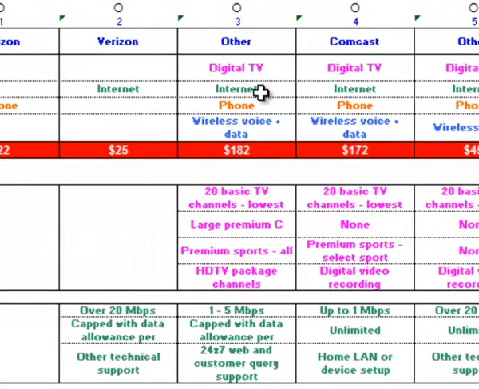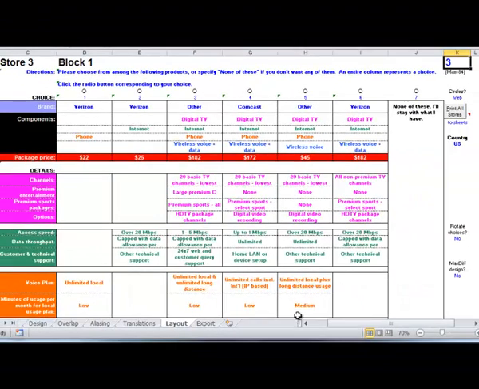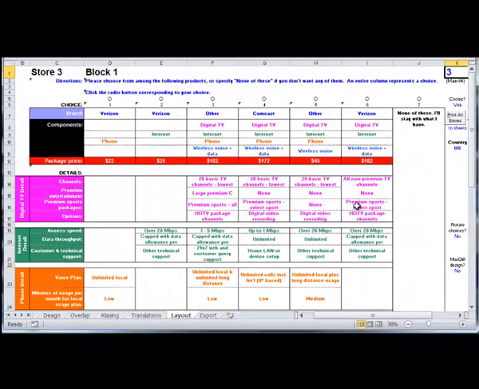and notice that in each bundle where we have a component, for example, we have internet in bundle 3, there's a color-coded set of attributes and levels that appear for that component. Also, notice that we incorporated automatic language translation and currency in this design.